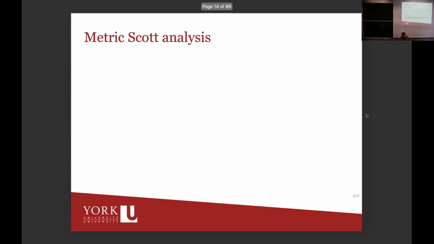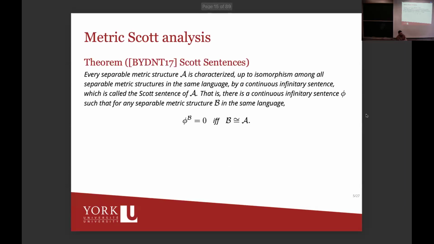Okay. So let me start, if you've never heard about Scott analysis, with a paper by Itai Ben-Yaakov, Michael Ducha, Andrei Nies, Todor Sankov, which is called metric Scott analysis.